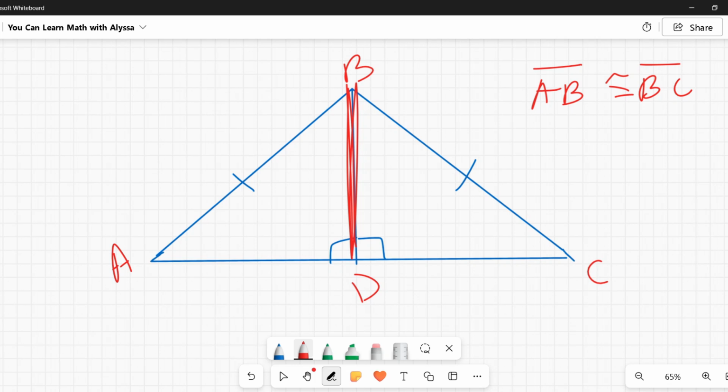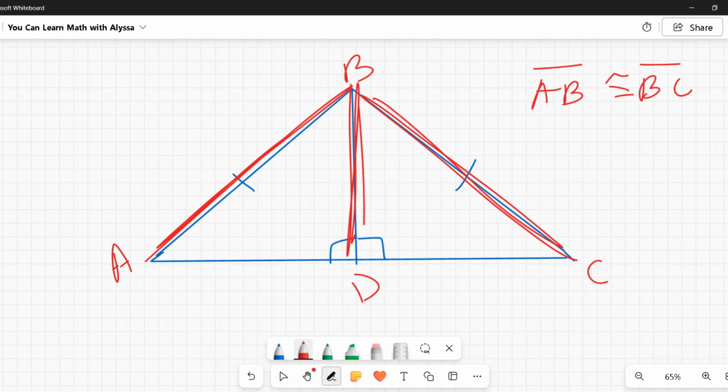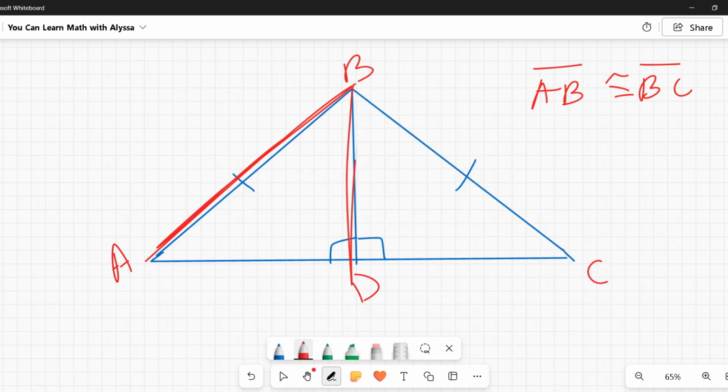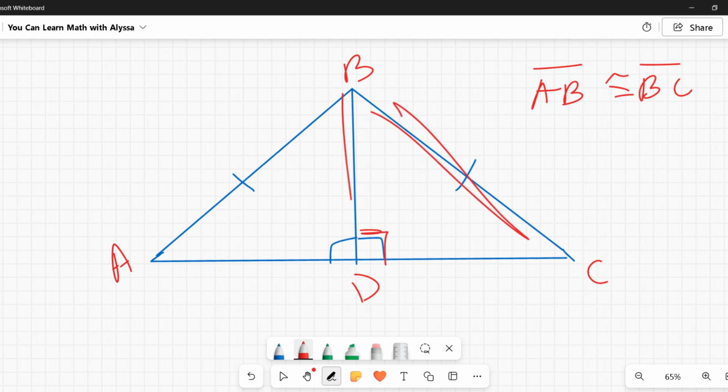BD is congruent to BD because it's reflexive. And then you've got your congruence right there because you've got a hypotenuse and a side for these triangles. They love putting shapes up together and having you say that BD equals BD, which I always thought was really kind of funny. BD is congruent to itself. But you've got to do it. So that kind of thing. This is the kind of ideal situation where you can use the right angle, hypotenuse, side, and then you can prove that those two are congruent.